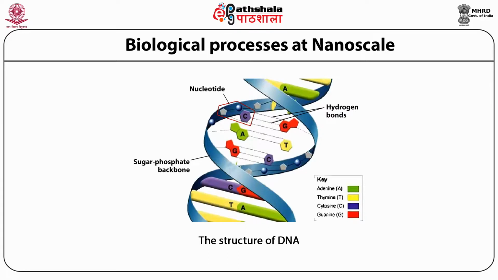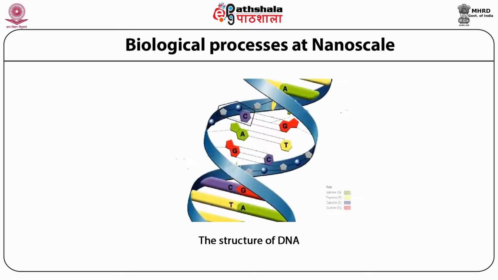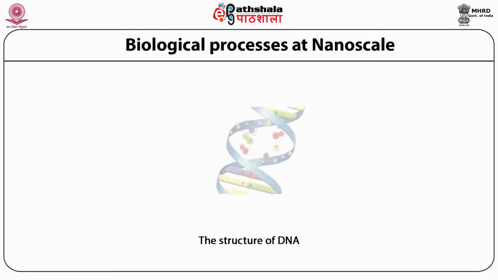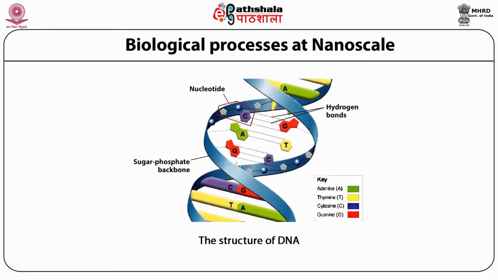bacteria and viruses. DNA is located in the cell nucleus, and the information encoded in DNA is stored as a code made up of 4 chemical bases, that is adenine, guanine, cytosine, and thymine. All the control processes occur in a 2 nanometer diameter strand.